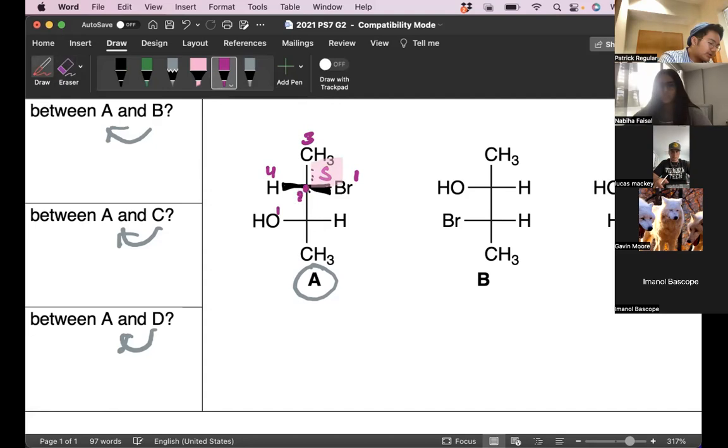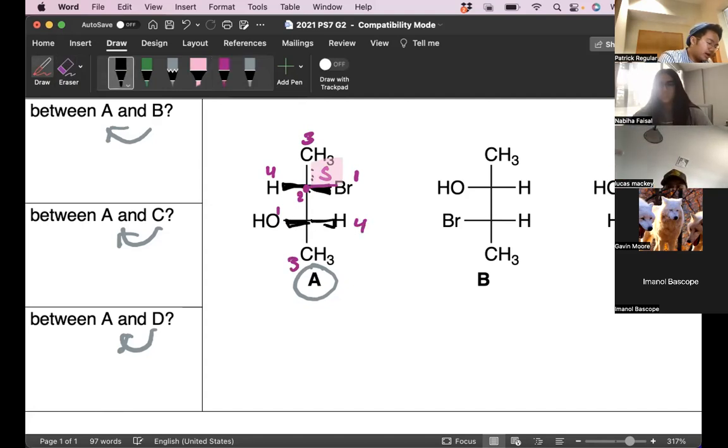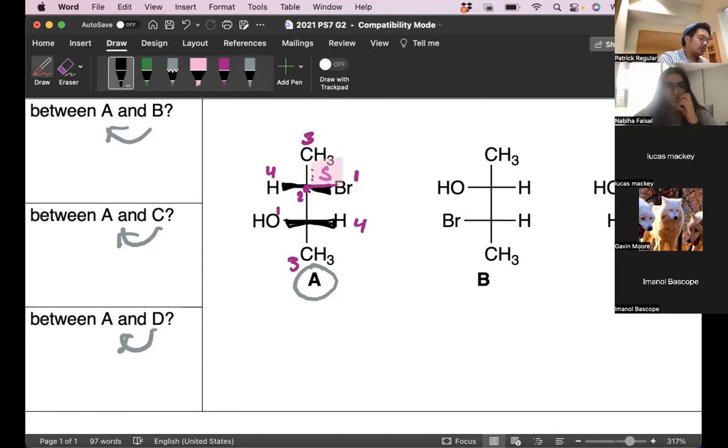This carbon right here is 2 because that's a carbon connected to a Br. This would be 3, and this would obviously be 4. Wedge. So we would have an S, I think. Gavin, if you're here, was this S? Is this what you got? Yeah, it was S, S. Okay, I thought so. That's S.